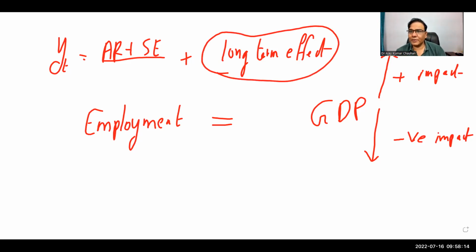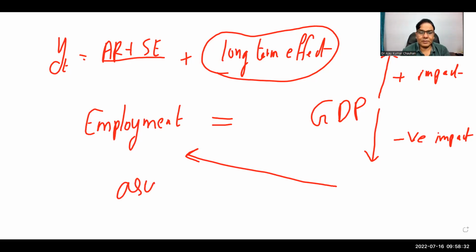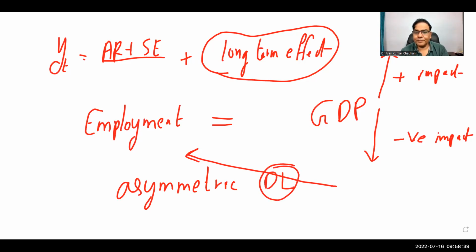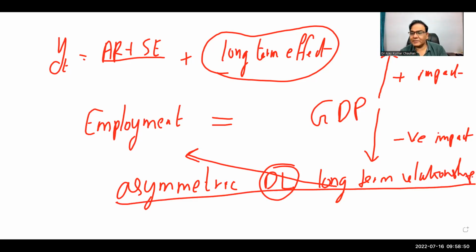The long-term effect of X on Y is different in positive movement of X and negative movement of X. So this concept is called asymmetric distributed lag or asymmetric long-term relationship. So this is the concept.